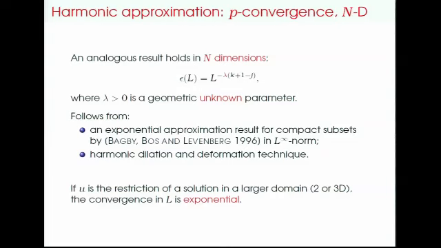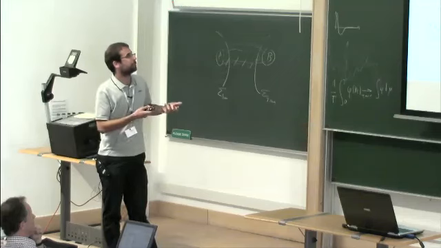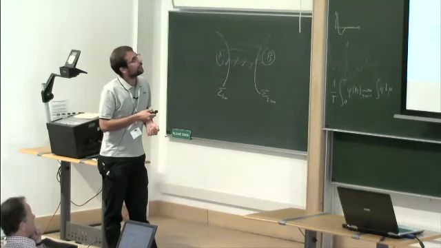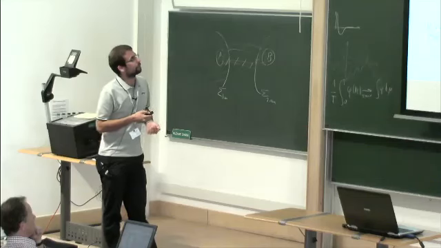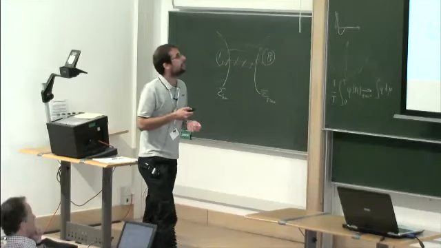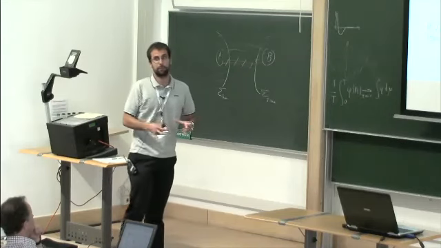And it seems we have more or less the same result as before. We have an algebraic order of convergence in L with the order given by the difference between the Sobolev indices, k plus 1 minus j, times a parameter lambda that depends only on the shape of the domain.